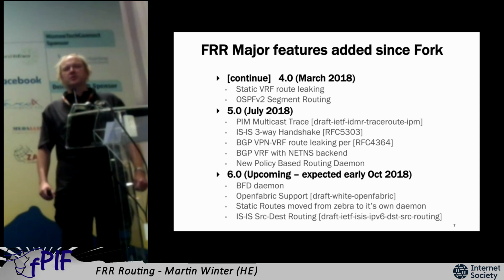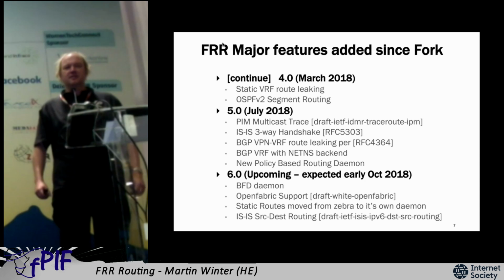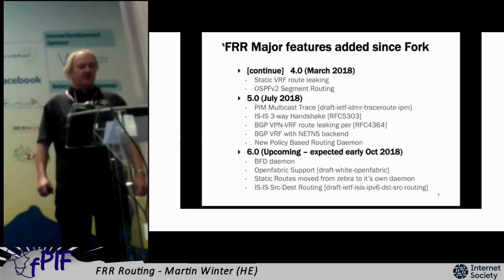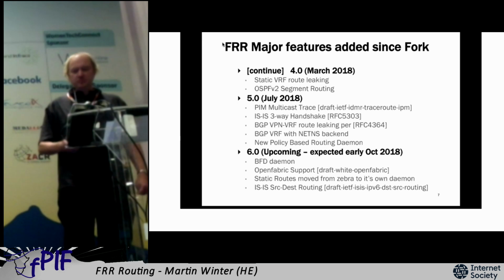OpenFabric is a new protocol for very large data centers, basically based on ISIS. It's a new draft in the IETF community. We also had improvements on static routes, which were cleaned up there. The ISIS source destination routing is in there too, and probably tons more. These are just some of the major highlights.